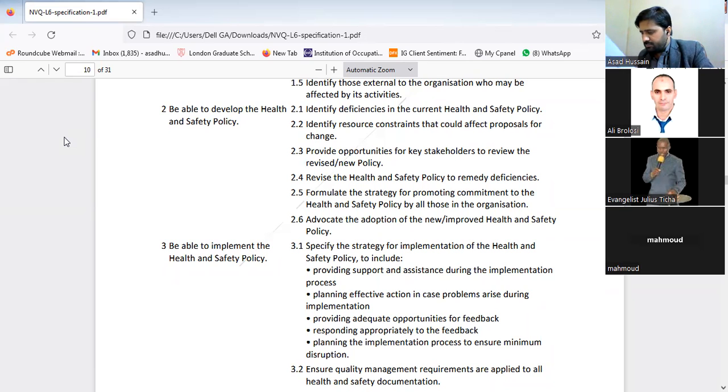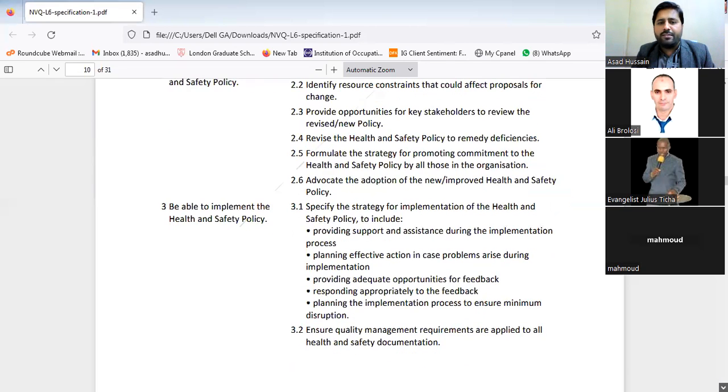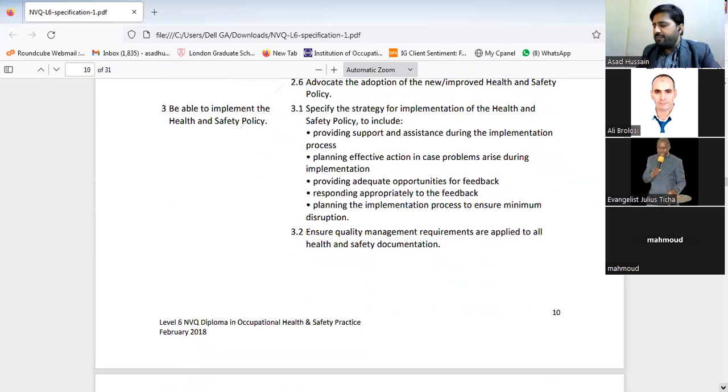Okay. Now we have the learning outcome: be able to implement the health and safety policy. Now you have developed the health and safety policy.